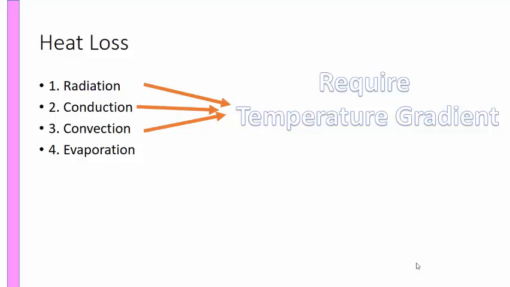In order for us to have heat loss, our body temperature has to be higher than the air or whatever we're touching, depending on which of these heat loss processes we're talking about. Evaporation doesn't require a temperature gradient. It actually requires a water vapor gradient, but we're going to get to that later on.